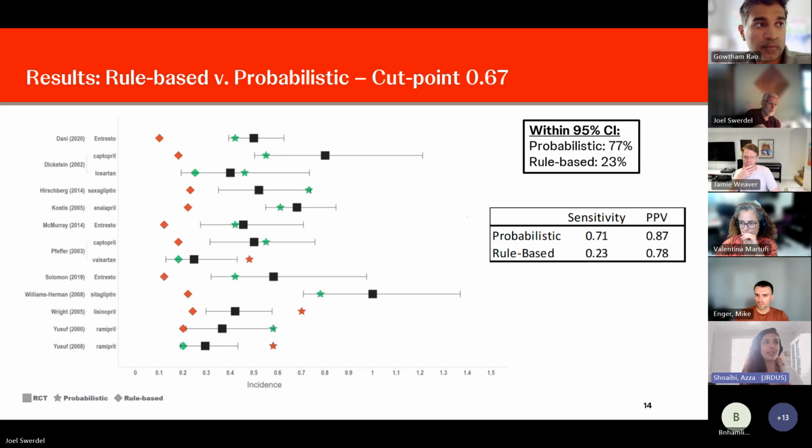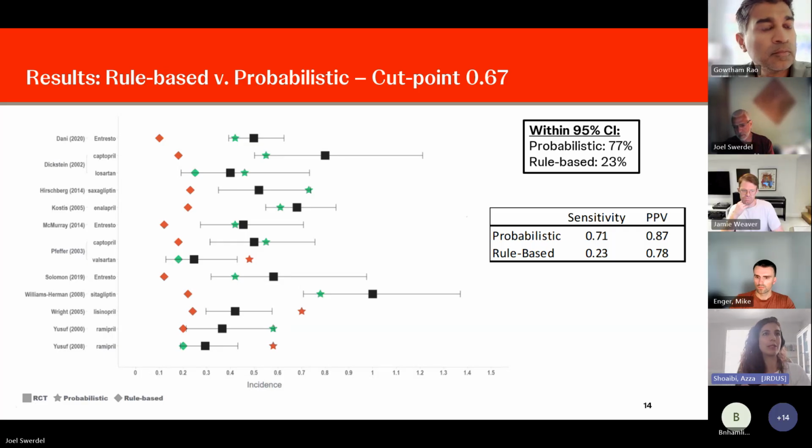The third point is, given that you're showing here generally lower estimates of the incidence using a rule base, and a low performance, this is where I'm confused. You're showing that the rule base has a low sensitivity.